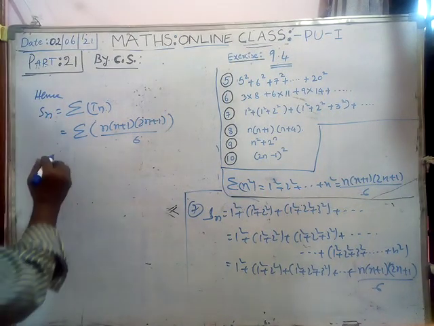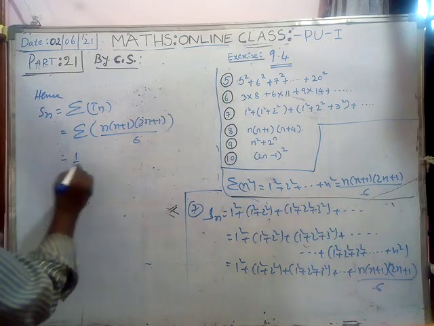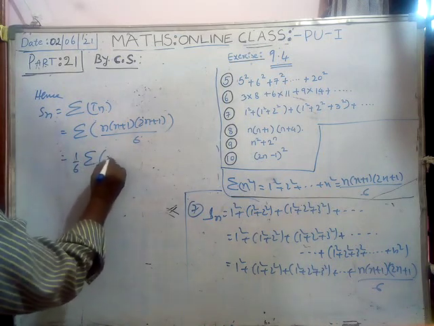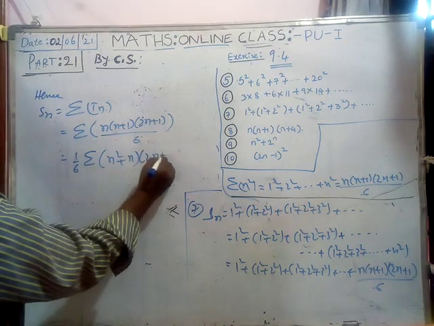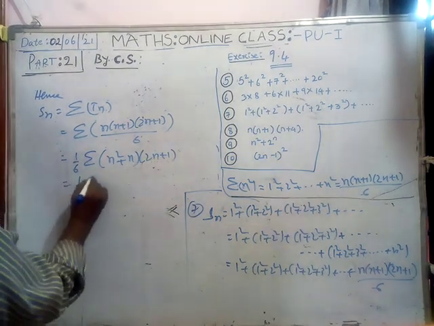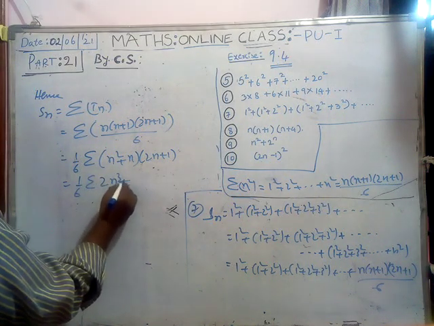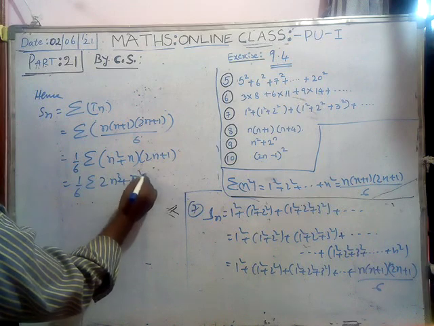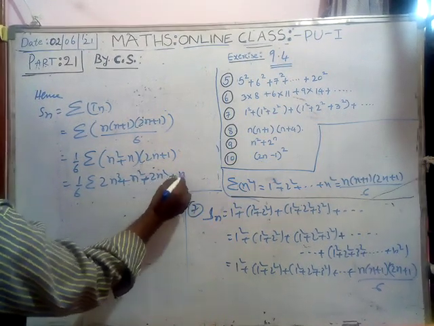Okay? 1 by 6 is a constant coefficient, so it comes out. It is sigma n into n square plus n into 1, n of 2n plus 1. Again 1 by 6 sigma: n square into 2n is 2n cube, n square into 1 is n square, n into 2n is 2n square plus n.